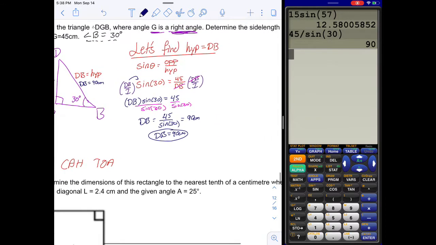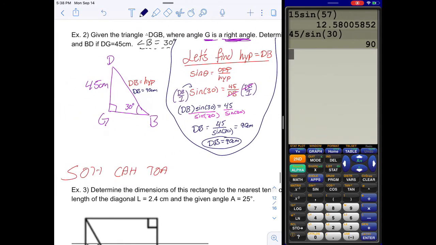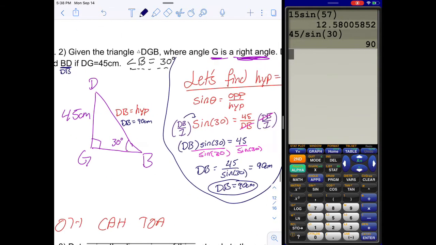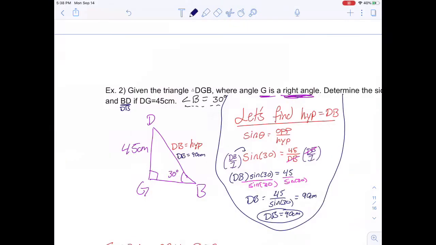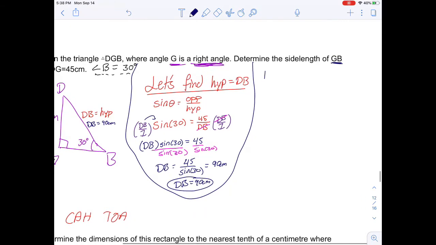Okay, so let's kind of section this off because we're done there. So we found d to b, and remember that d to b can also just be represented as bd, so these are interchangeable. So we're done that. Now we need to find g to b. There are multiple ways to solve for g to b.